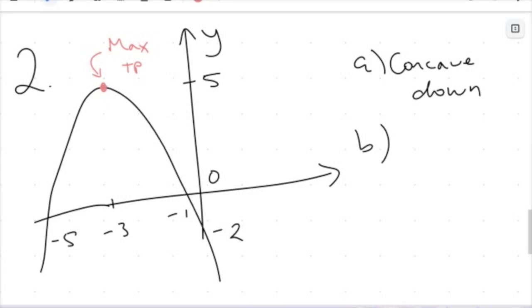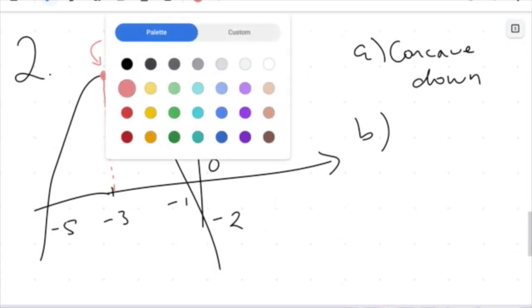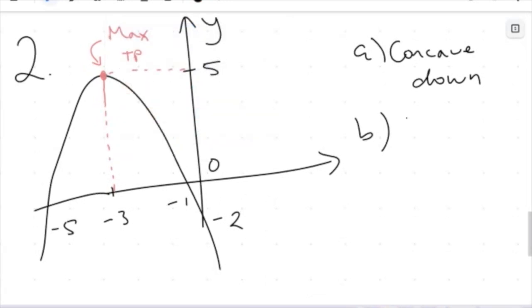So if we draw down to the x-axis here and across to the y-axis, we can get the coordinates of this turning point. So in our coordinate system, our x always comes first. So I'm going to have a -3 here because it stretches down to x equals -3. And my y is going to be 5 here.